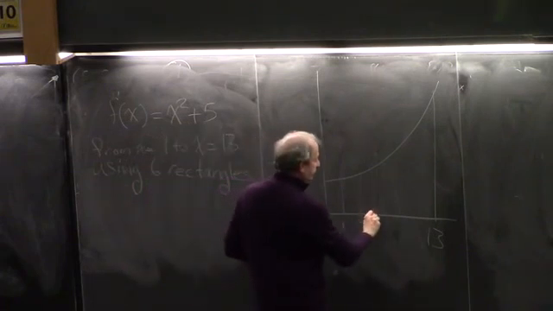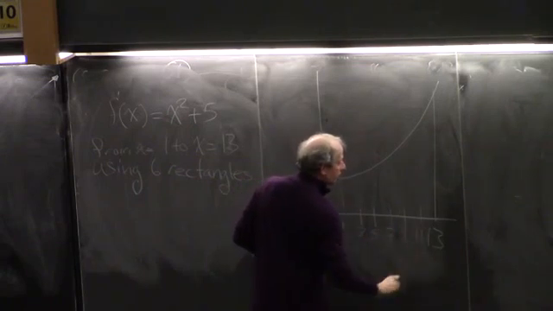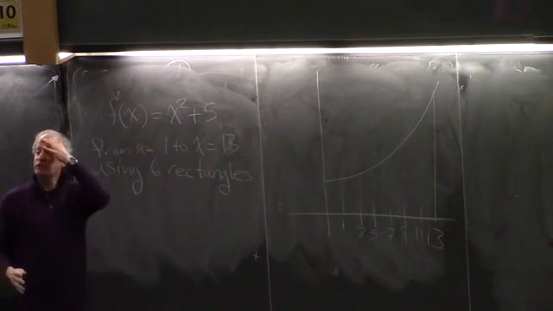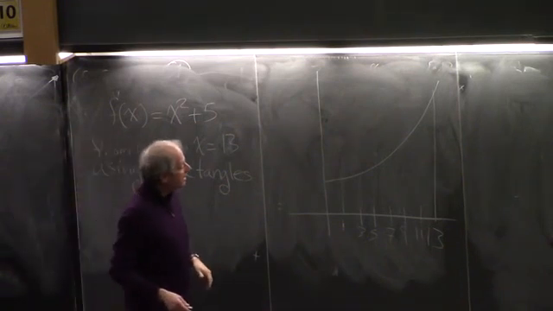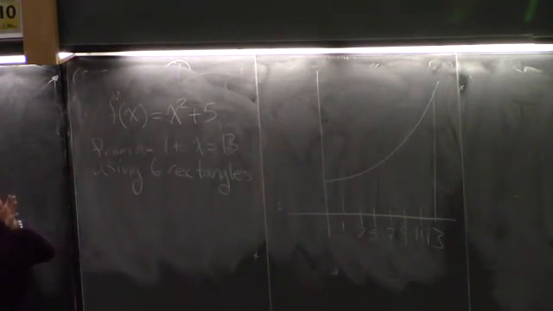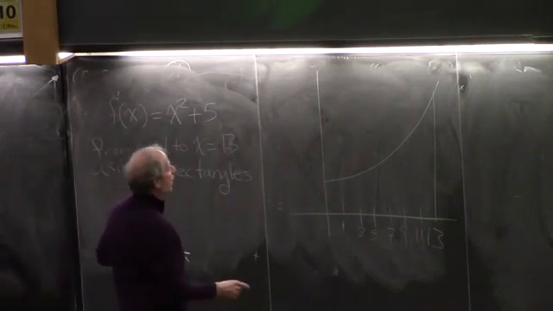I'm going to cut this into 6 equal-sized rectangles. Of course, they don't have to be equal, but I'm going to make them equal size. And to get the height of the rectangle, I take the interval, and I start on the left side of each interval, and I go up to the curve.